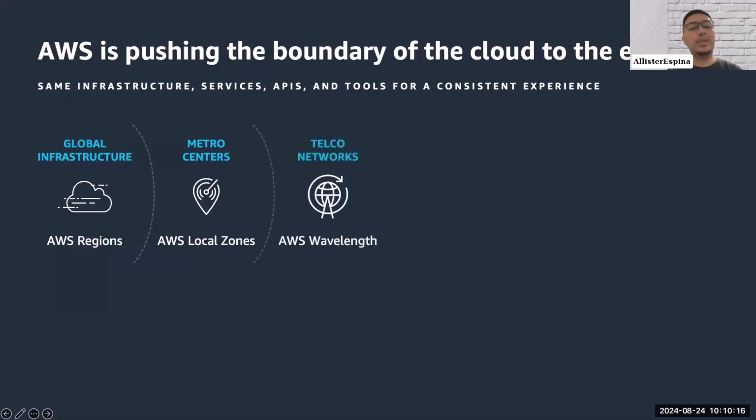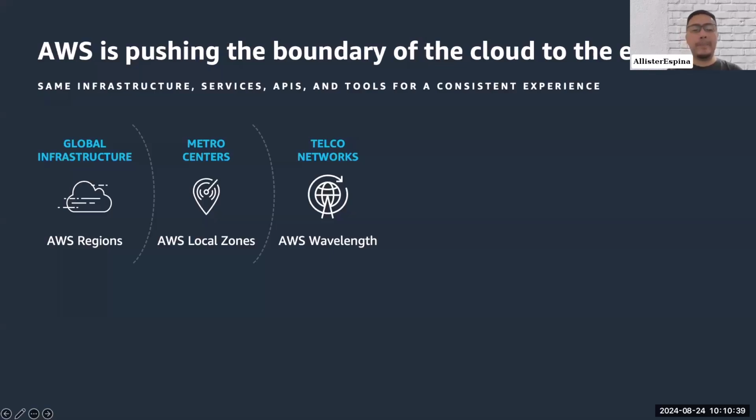Another type of infrastructure is AWS Wavelength, which is deployed in telco network operators' data centers, so that it allows for very low latency applications like Internet of Things and other use cases that require very low latency.